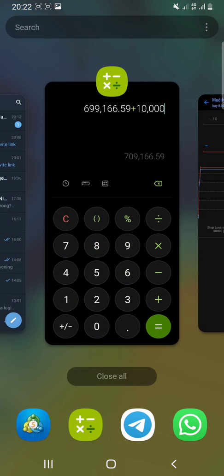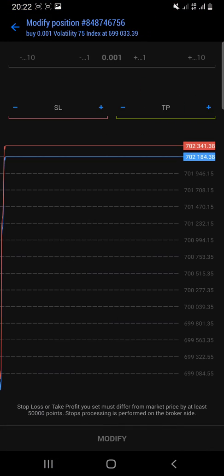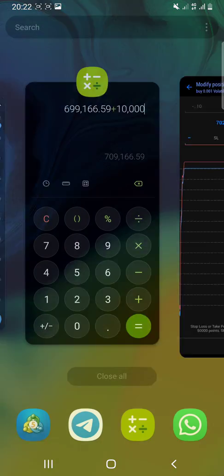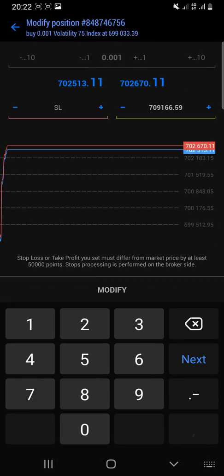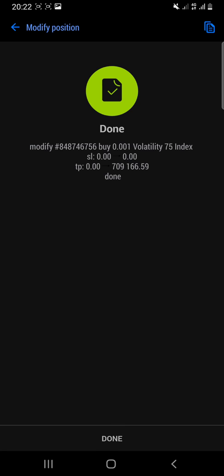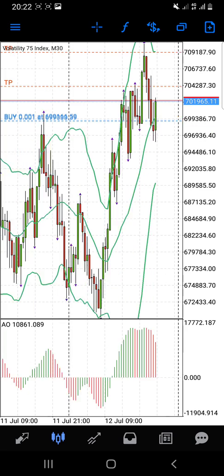Alright. Okay, good. Sorry, my network. 709,166.59. Okay, good. So now you can see this is 100 pips.